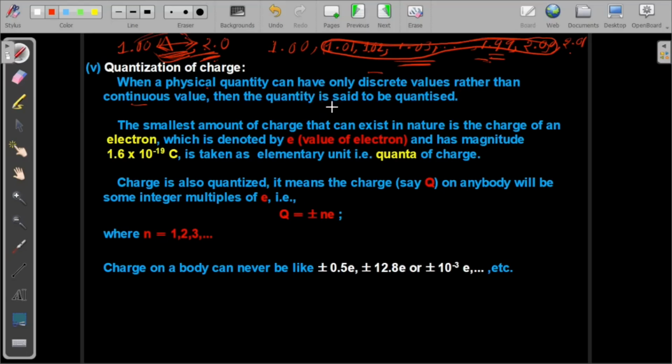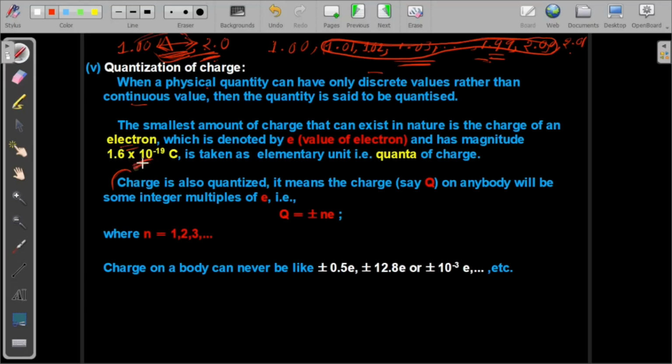In the same way, like any quantized physical quantity, charge also is quantized, I mean it has discrete values. That means charge is also quantized. So in nature we get one smallest value of charge. That is the charge of an electron.